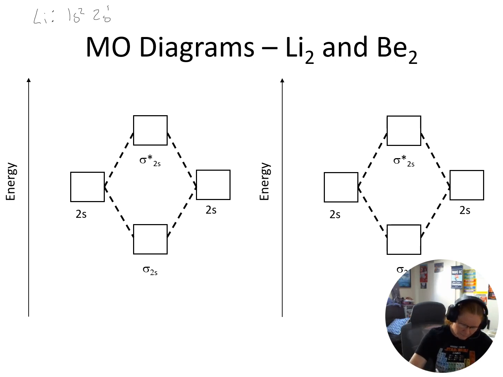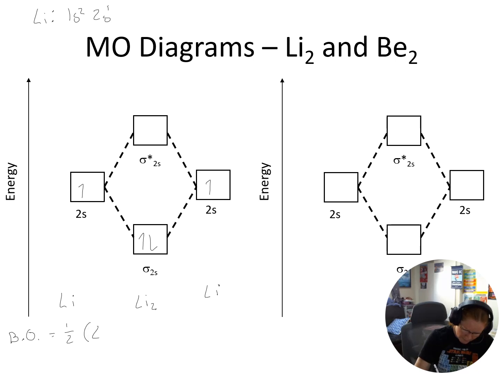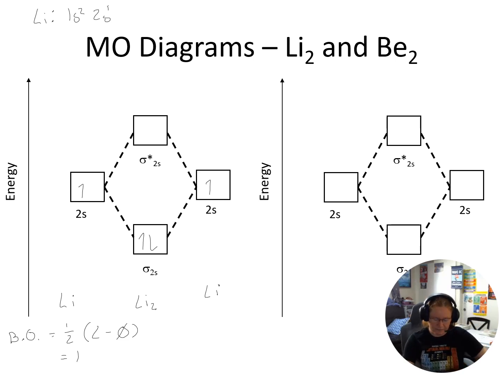So we'll get lithium, and we'll get our molecule. I have a single 2s for each of those, and then I have a 1, 2 for that. So our bond order is 1/2 of 2 minus 0, which is 1. So can that lithium molecule exist? Yes, it can.